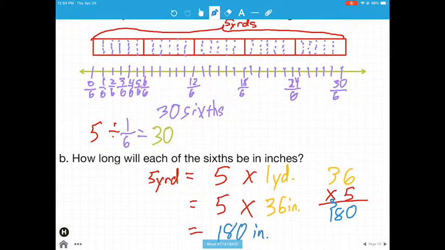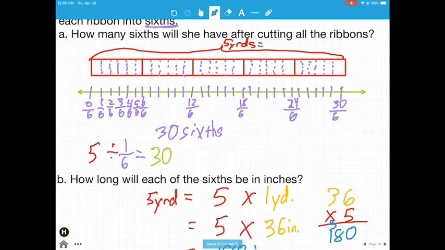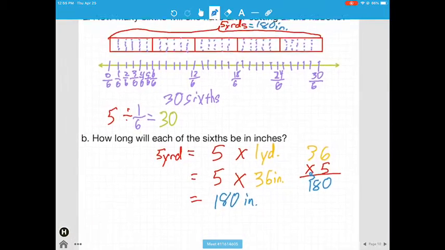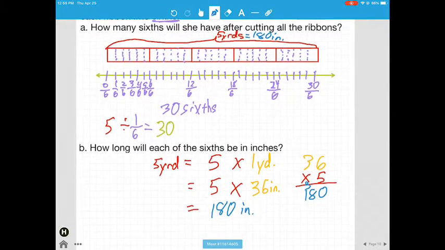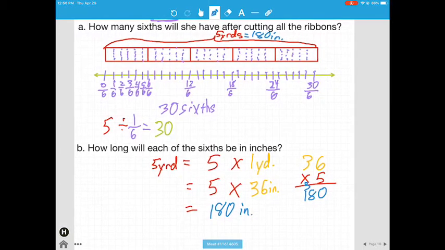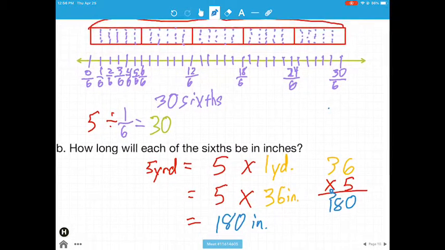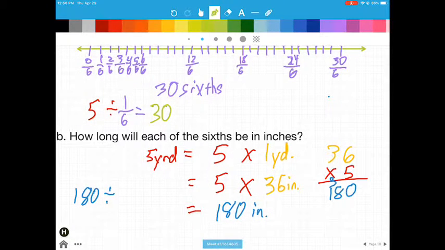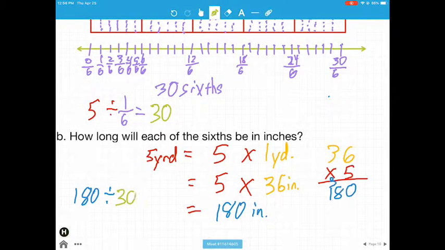So our whole tape diagram is 180 inches. Now, we cut each piece, or the whole thing, into 30 pieces. So our question now is 180 divided by 30.